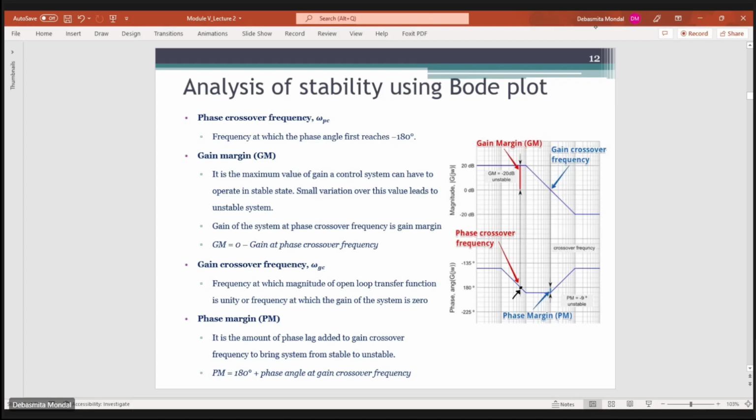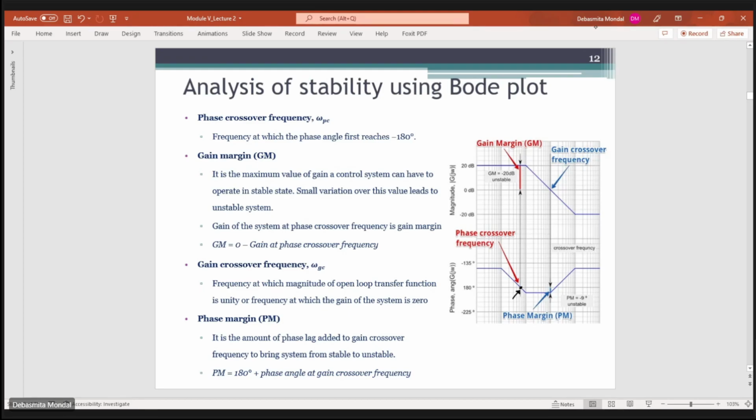And the other frequency that we want is the gain crossover frequency. The gain crossover frequency is the frequency at which the magnitude of the open loop transfer function is unity, or you can say the frequency at which the gain of the system is equal to 0 dB.